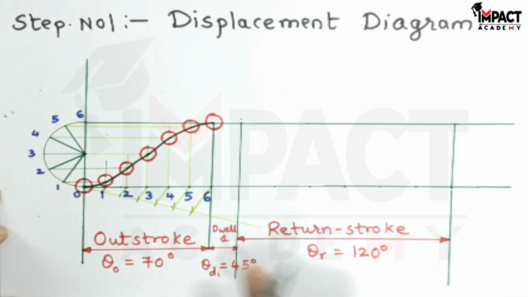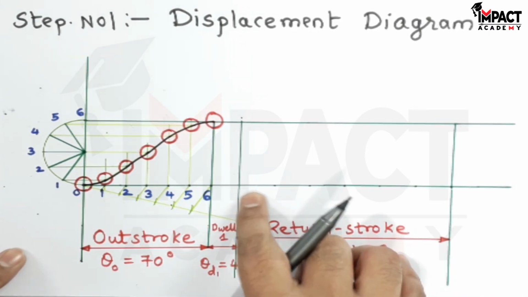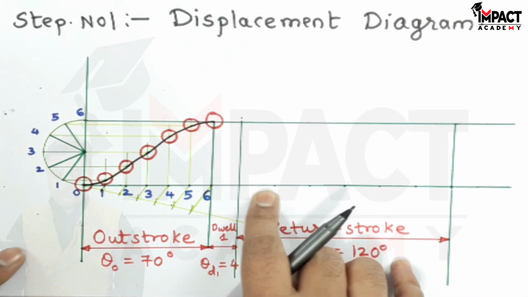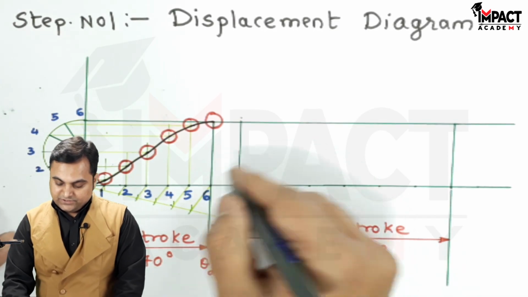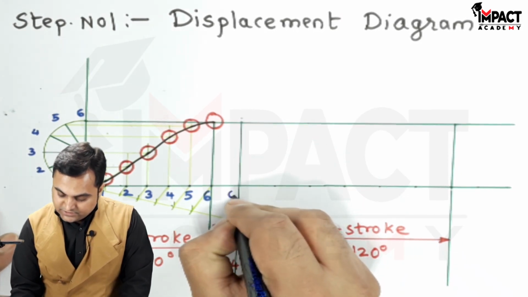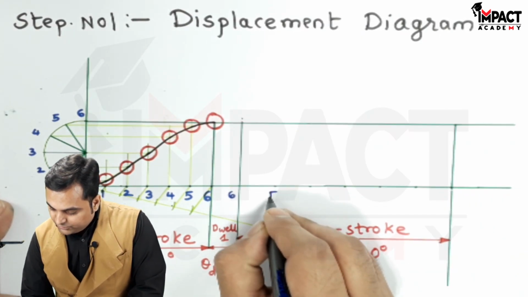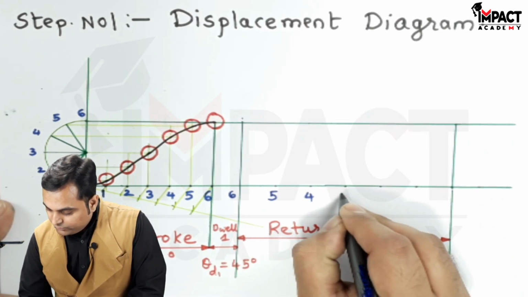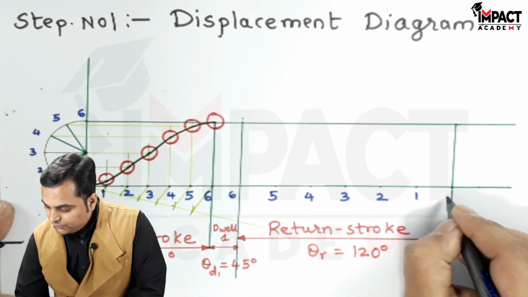So 1 centimeter was 10 degree, and I have divided 120 degrees into 6 equal parts by taking 20 degree, that is 2 centimeters. So now giving the notations over here as well. Since it is dwell, so this is 6, and here the points would be in the reverse order, that is 5, 4, 3, 2, 1 and 0.